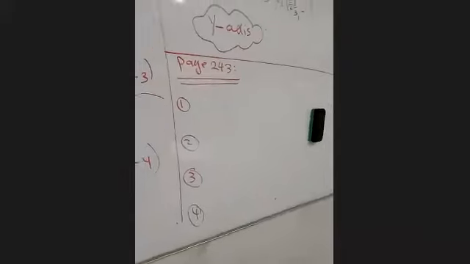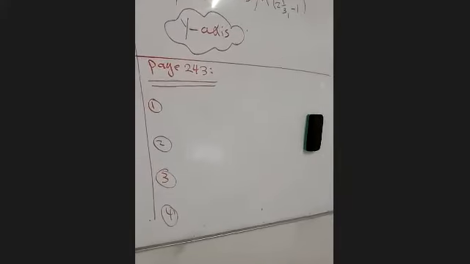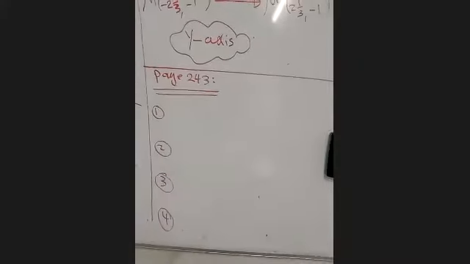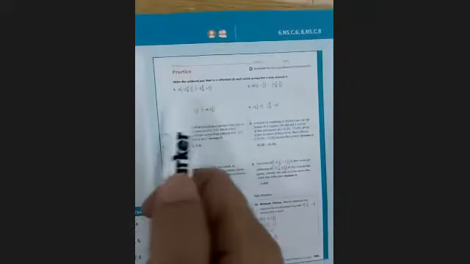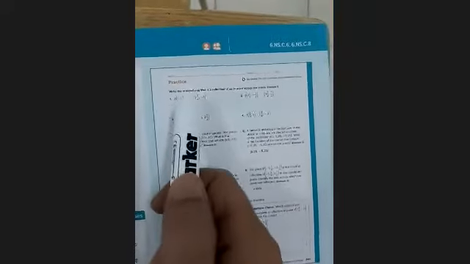If you didn't do it yesterday, do it now with me, please. You will write each solution on the board under the point, or after the point you put the arrow, okay?